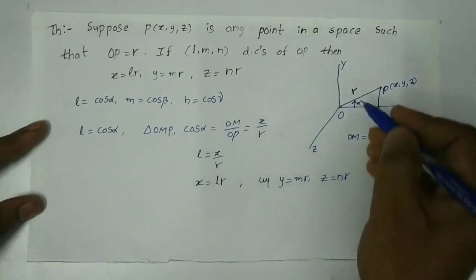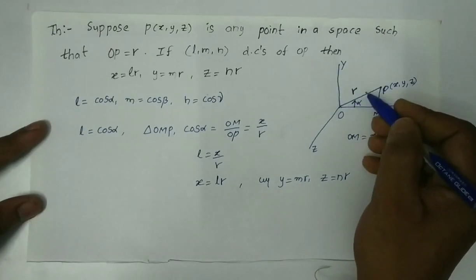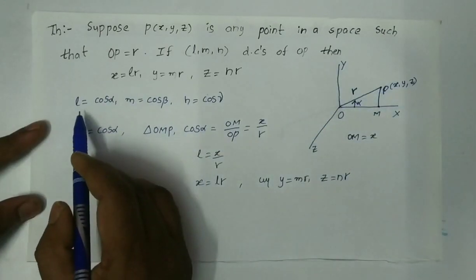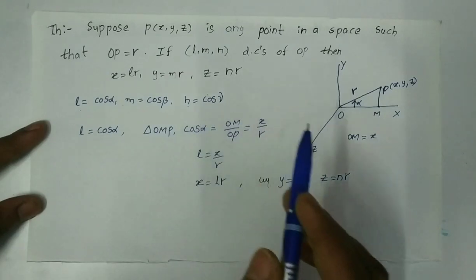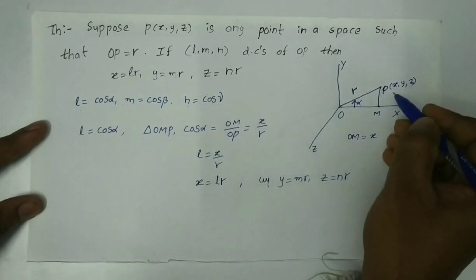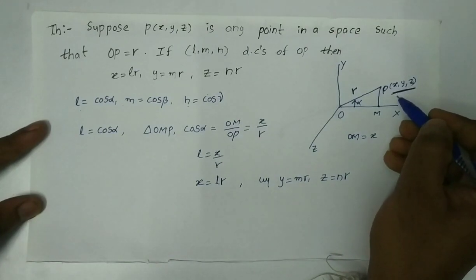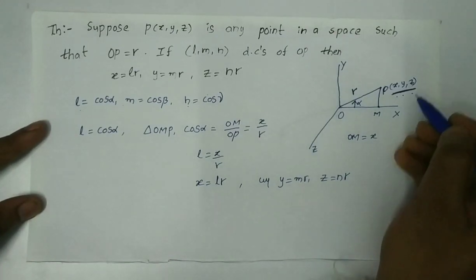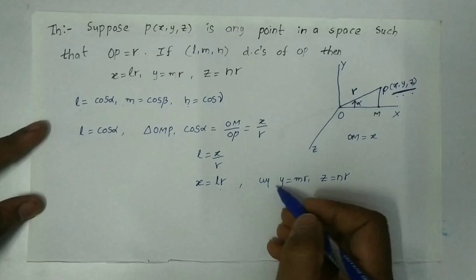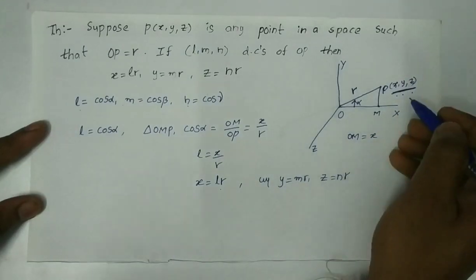If OP is equal to r and direction cosines of OP are l, m, n, then the coordinates of the point P will be lr, mr, nr. lr is nothing but x, mr is nothing but y, nr is nothing but z.